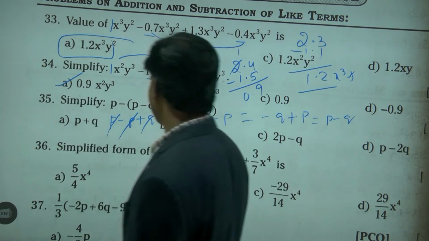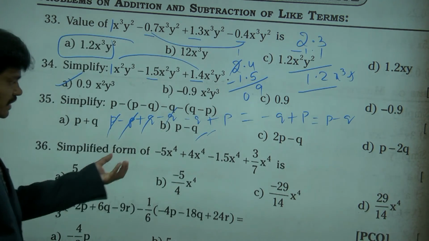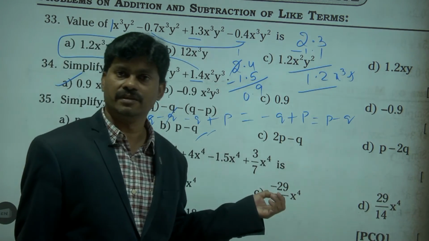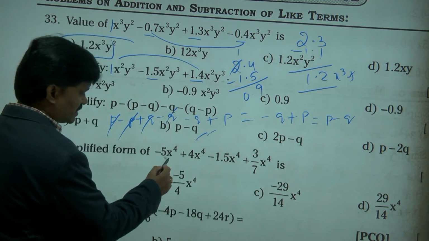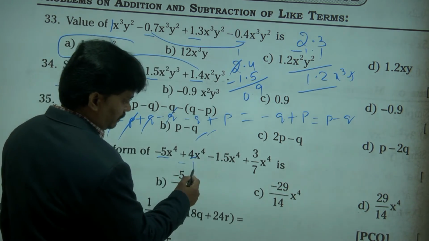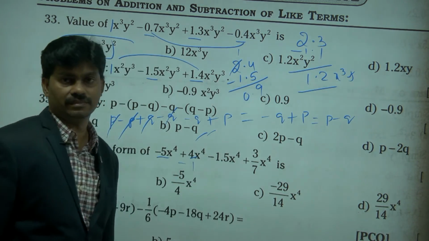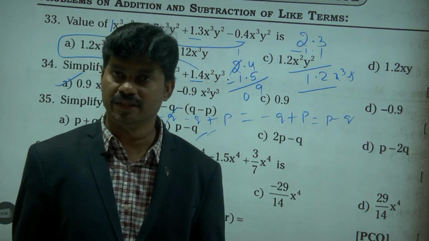Next 36, simplified form of. So here also all are like terms, x power 4, x power 4, x power 4 we have. Minus 5 plus 1 is minus 4. Minus 1 minus 1.5 is minus 2.5 because both are negative.